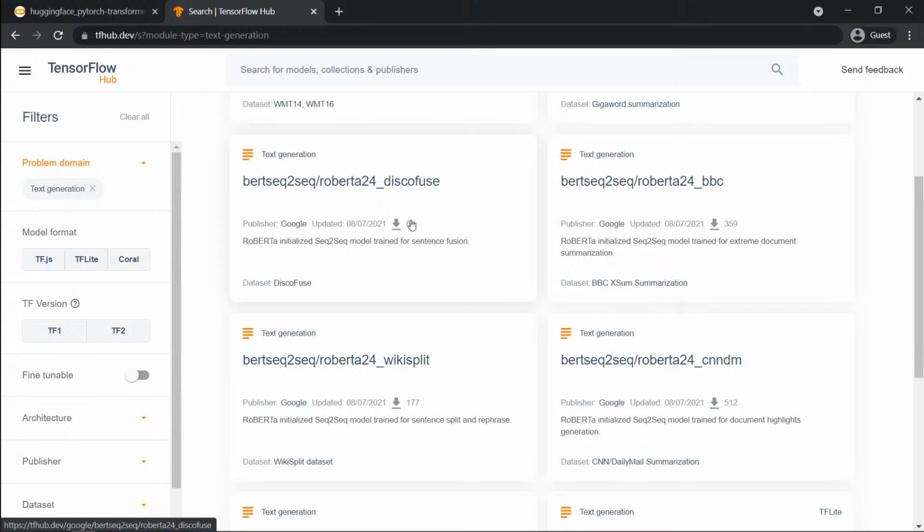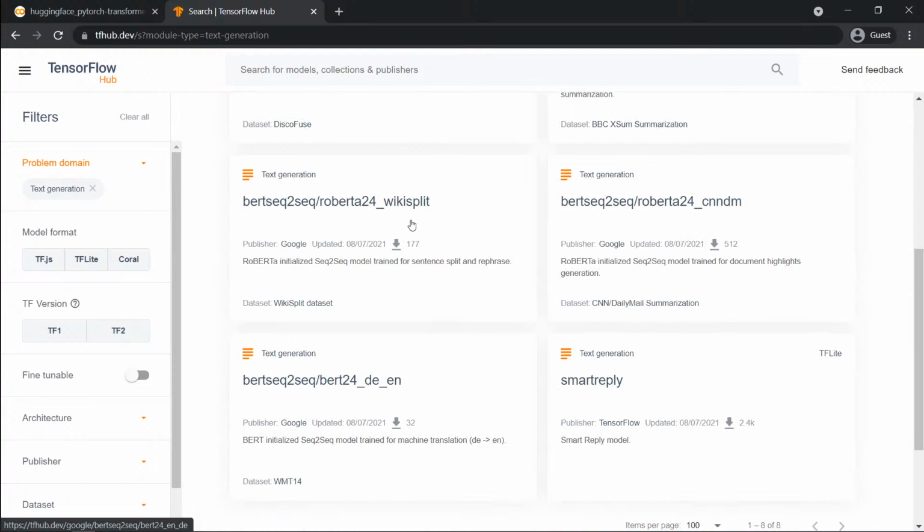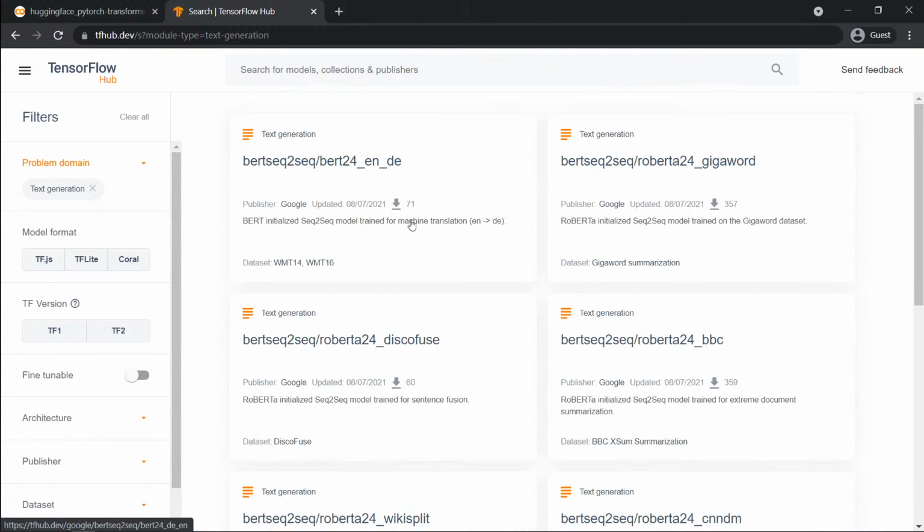Generation. There you go. But I want them to be as small as possible.